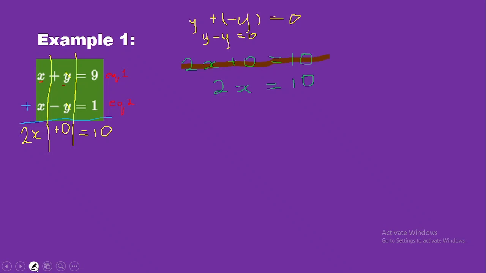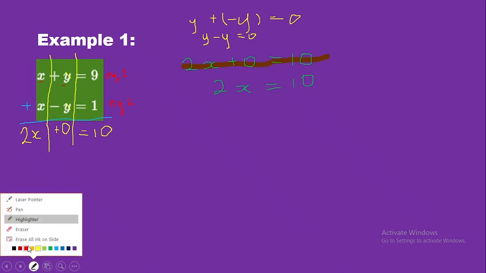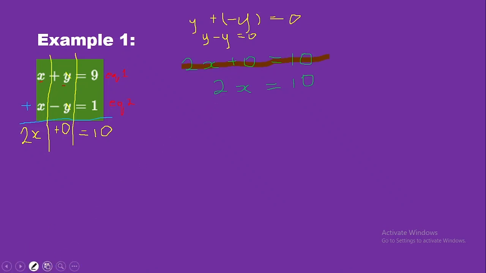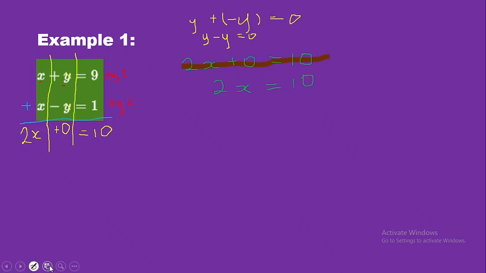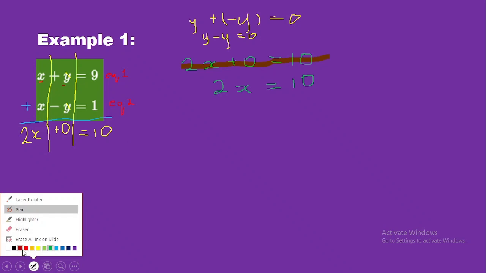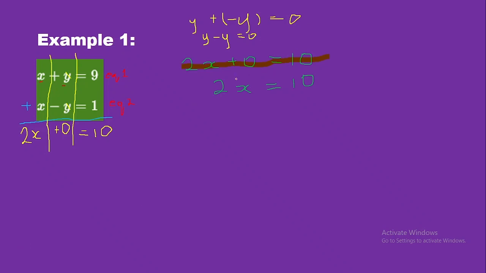Well, the 2 is multiplying the x, and because 2 is multiplying our x, all we have to do to get x by itself is divide both sides by 2.